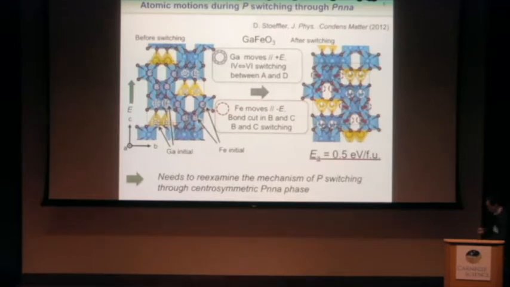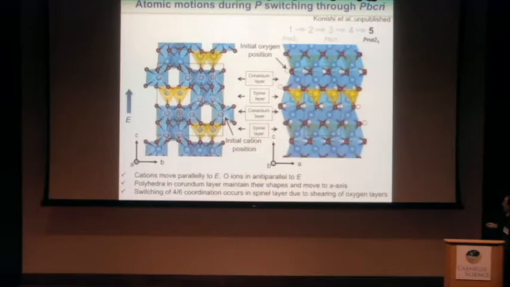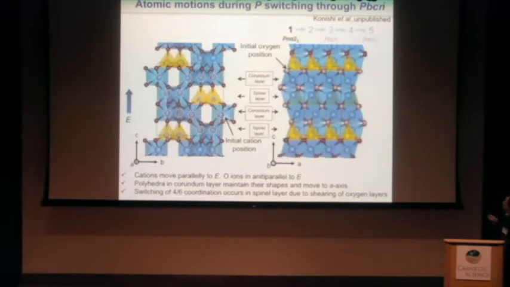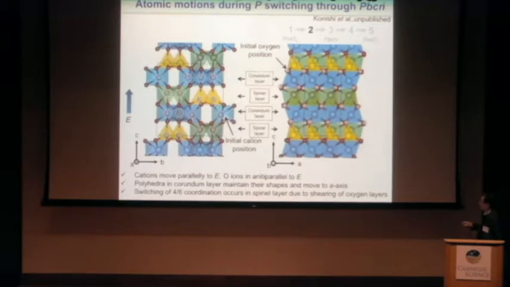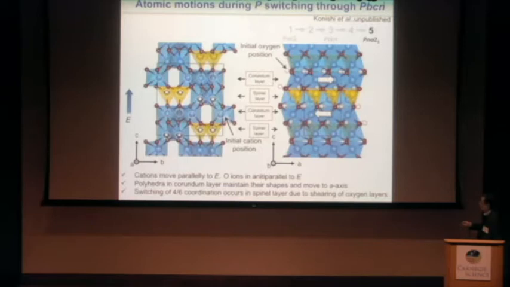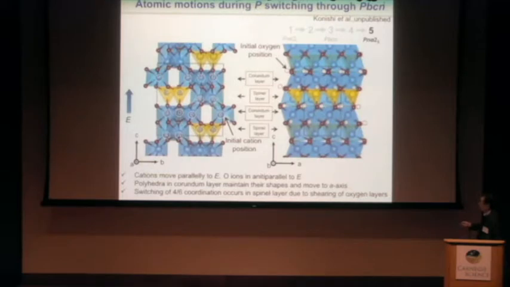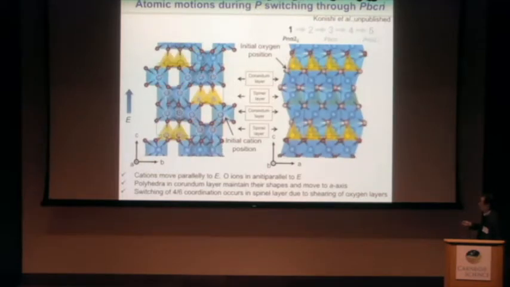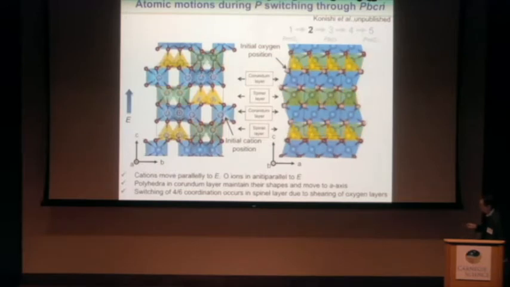So we have re-examined the polarization switching mechanism by calculation. In this model, the intermediate phase during the polarization switching is Pbcn. The most important point is that in the spinel layer, you can see the coordination exchange between tetrahedra and octahedra. Ordinarily, this site used to be a tetrahedron, but finally, this site turned to octahedron.